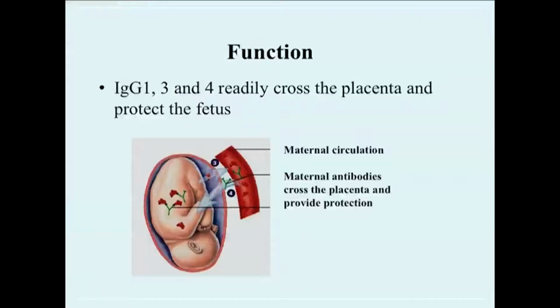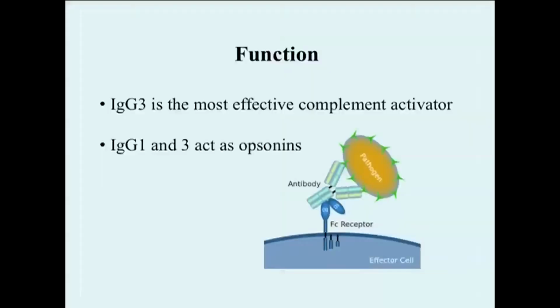Now IgG plays a major role in the immune system, like IgG1, 3, 4 can readily cross the placenta and protect the fetus. IgG3 is the most effective complement activator, and IgG1 and 3 can act as opsonins.